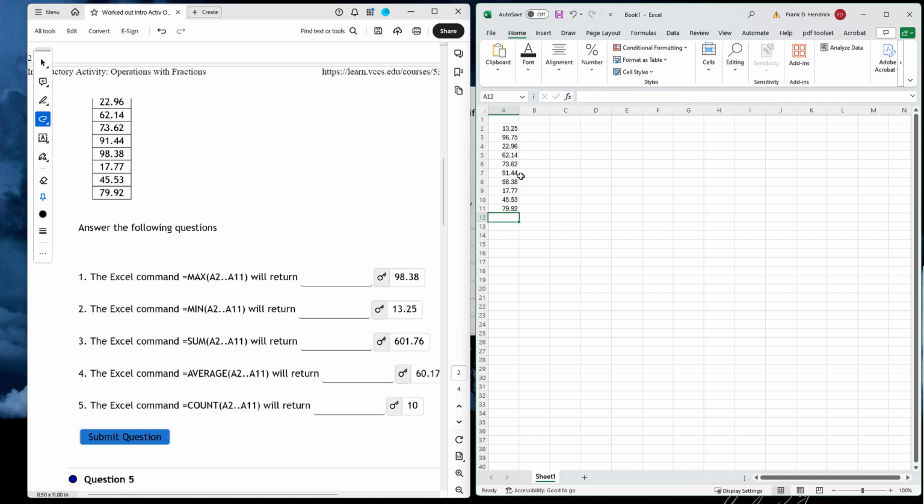So for the max, I'm going to put it into cell A12. So I selected cell A12 and I enter a formula, equals.